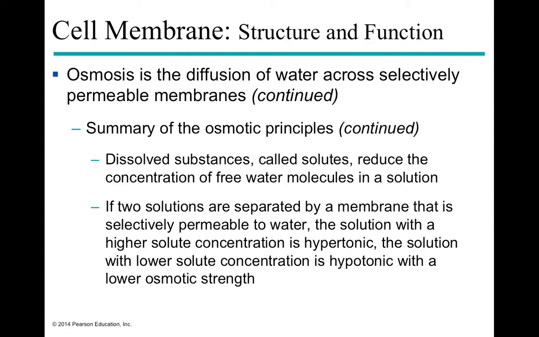If the solution has a higher solute concentration, then it's going to be called hypertonic. If the solution has a lower solute concentration, it's hypotonic. Hyper being higher, picture a child that's hyper on sugar has a higher energy content. Hypo being low, like if you feel like you're fat and lazy like a hippo, you're not going to get as much done. So you have less energy when you're in hippo mode than when you're in hyper mode, right? So hyper is higher, hypo is lower.